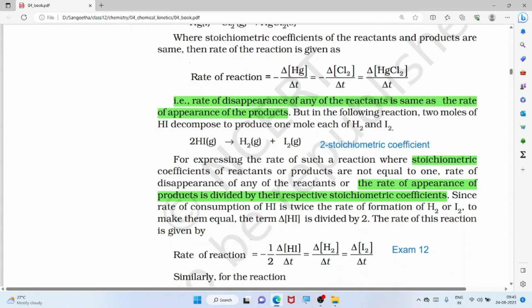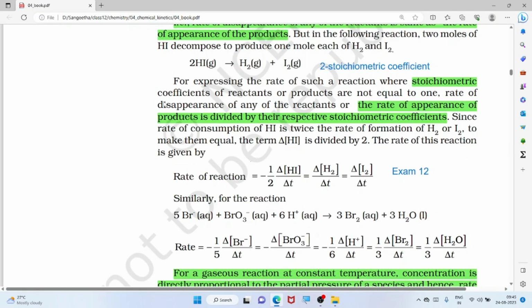The rate of disappearance of any reactant is the same as the rate of appearance of the product, because the reactant is converted to the product. So here in this reaction, this 2 is the stoichiometric coefficient.